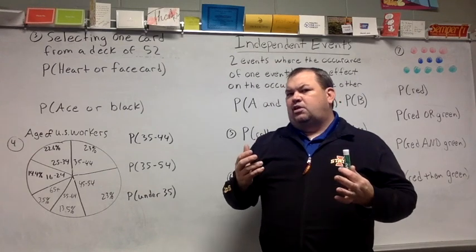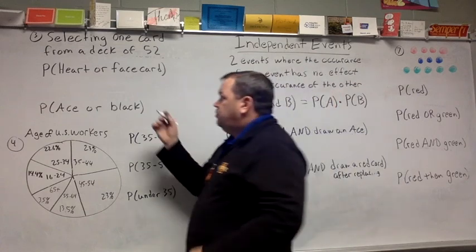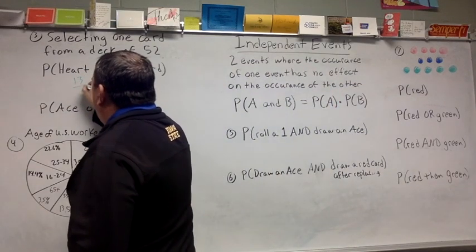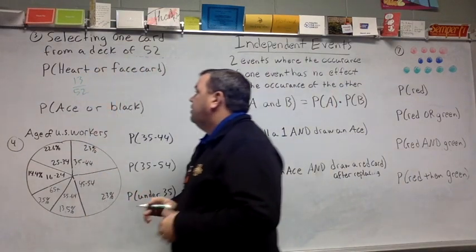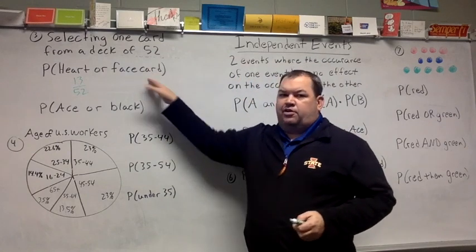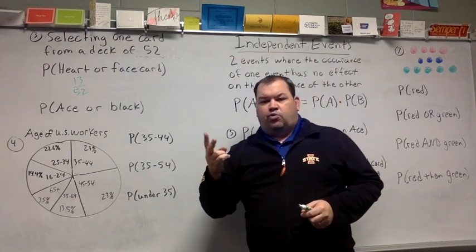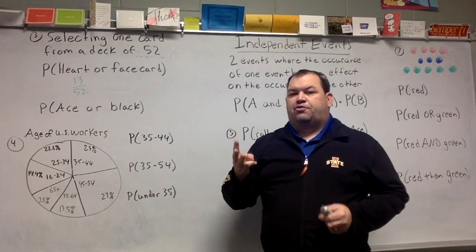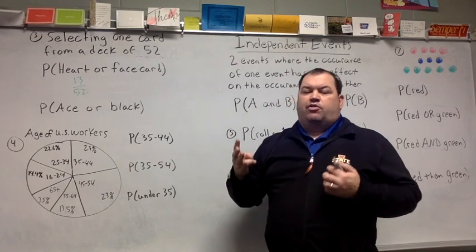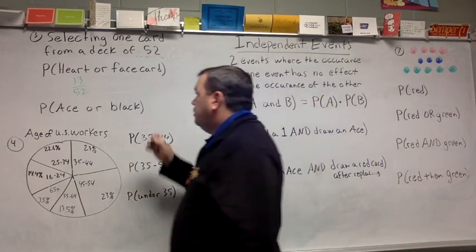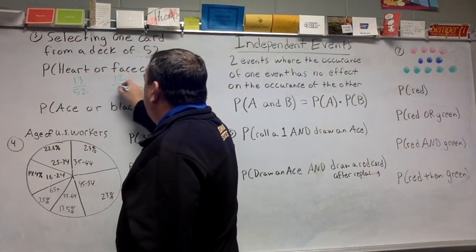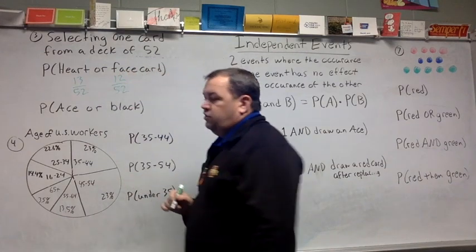There are 13 hearts out of 52. So the probability for hearts is pretty easy. If I start thinking about face cards, there's a king, a queen, and a jack, but that's for each suit. And there are 4 suits in a deck of cards, so there are 12 face cards out of 52.